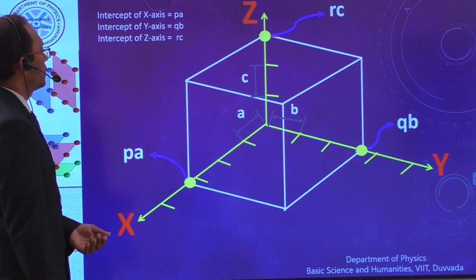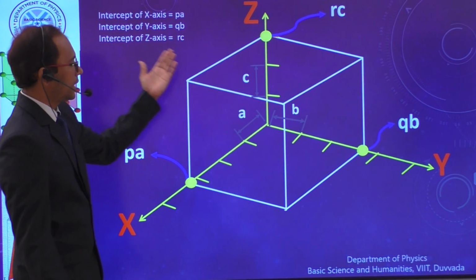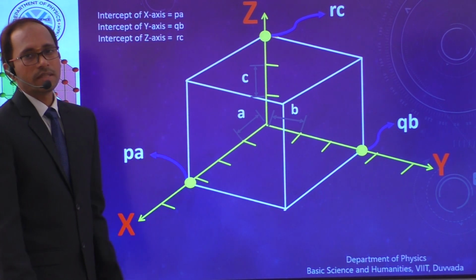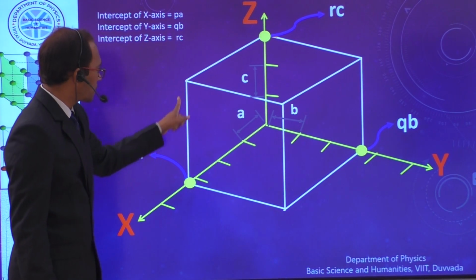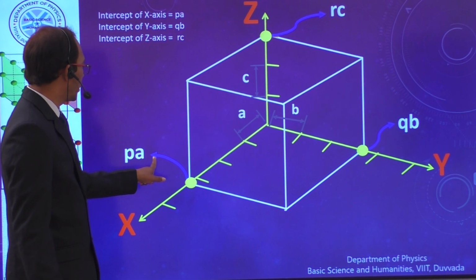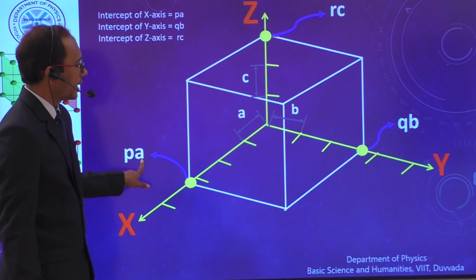Now let us see an example. Suppose the crystallographic axes x, y, z are there, and the unit cell is like this. Along the x direction, this unit cell is touching here. That means this length is p times a, where a is the lattice parameter.